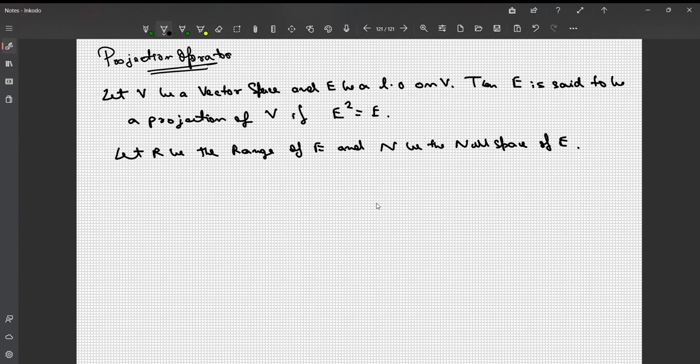So observe the following statement: if you choose an element from R, let alpha be an element from R, then that implies that E of alpha belongs to R, right?